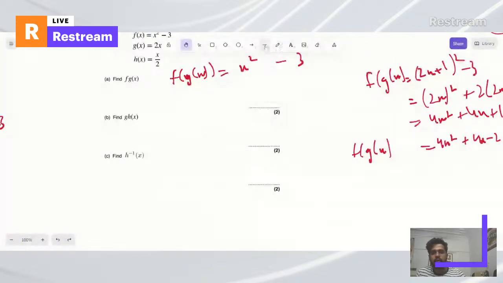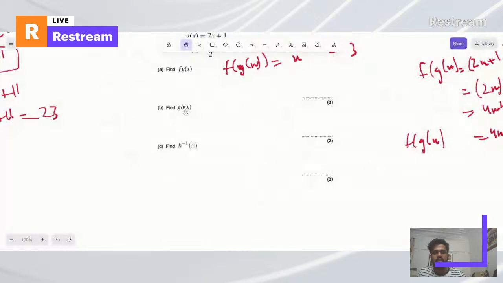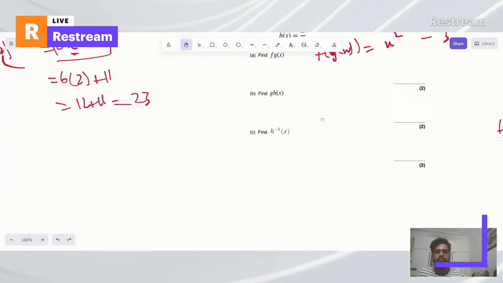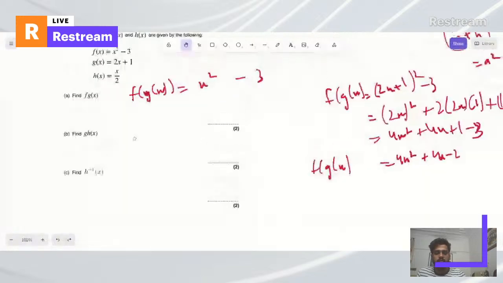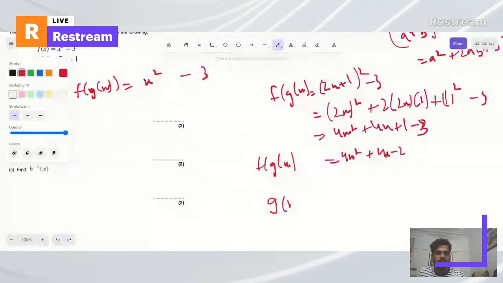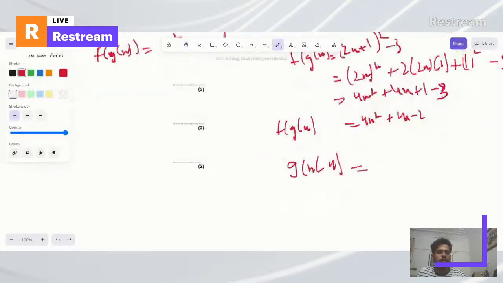Now we're going to find the value of gh(x). So what's the value of g(x)? g is 2x plus 1, so 2x plus 1.